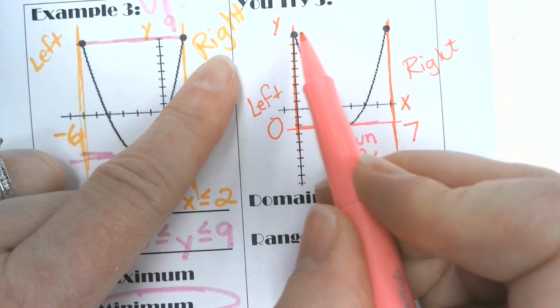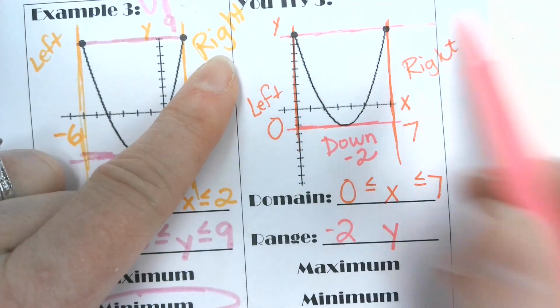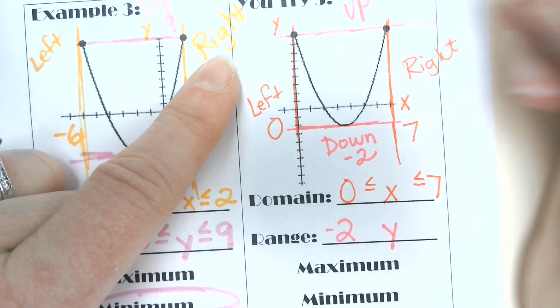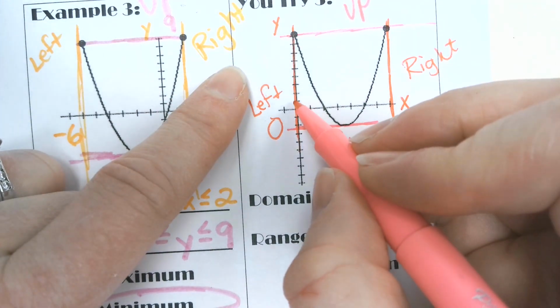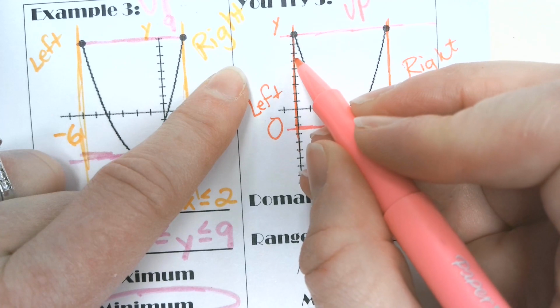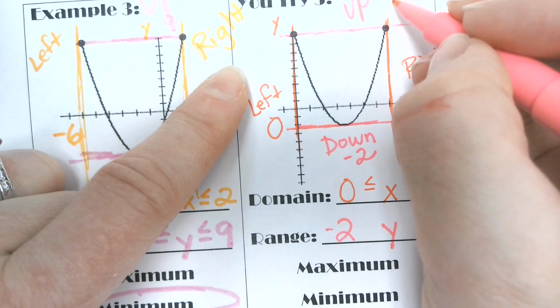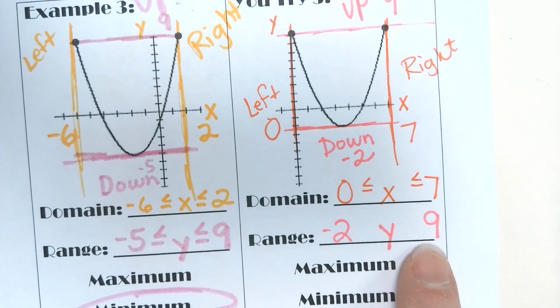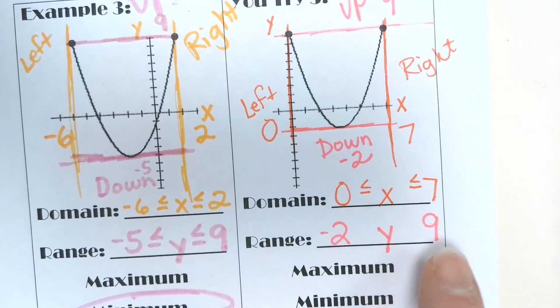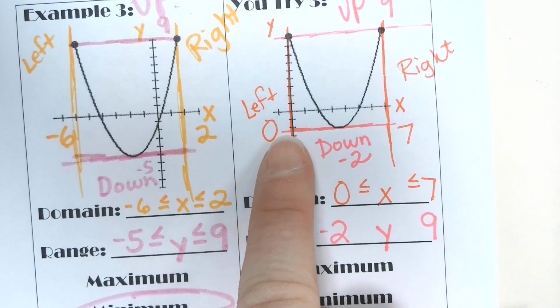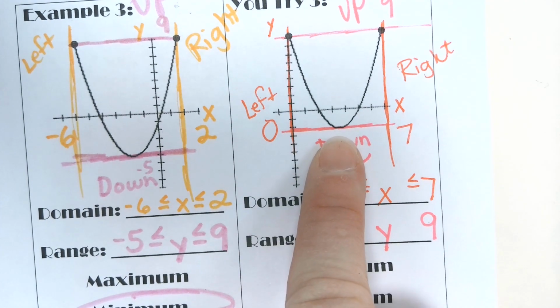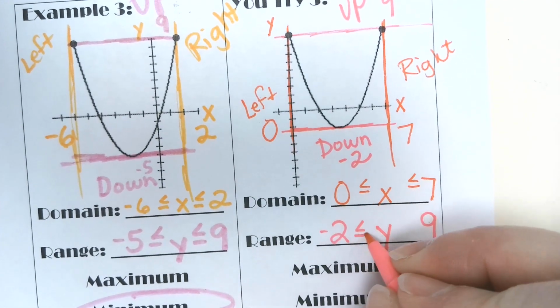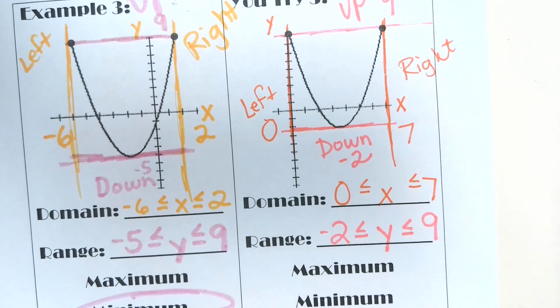Then how far up? 1, 2, 3, 4, 5, 6, 7, 8, 9. So 9 goes right there. And it looks like we don't have any open circles, so it's going to be less than or equal to on both of them.